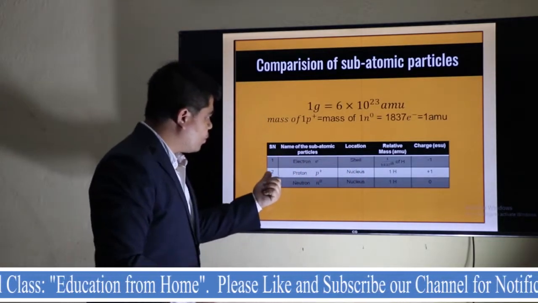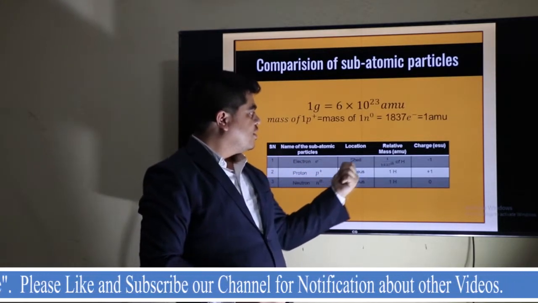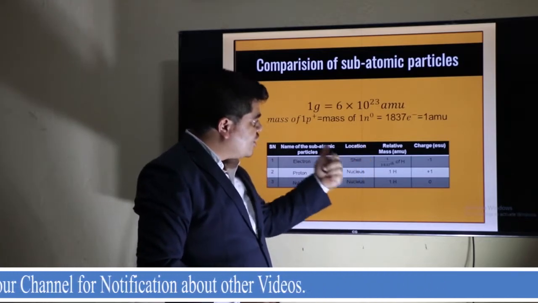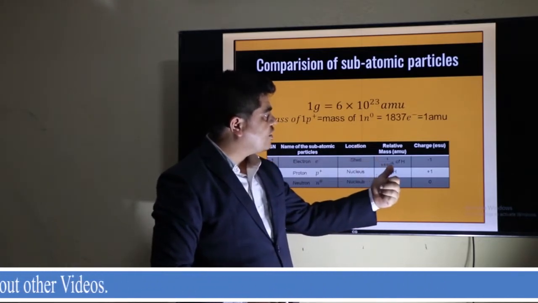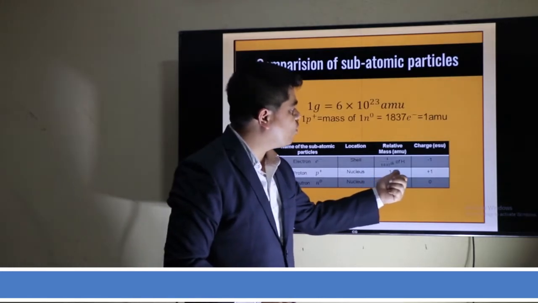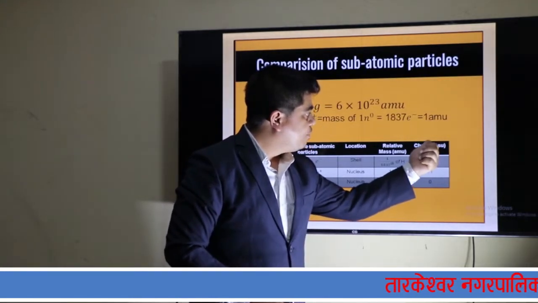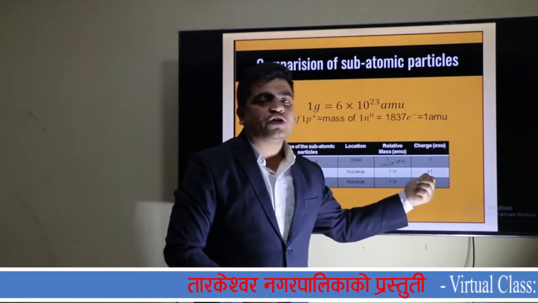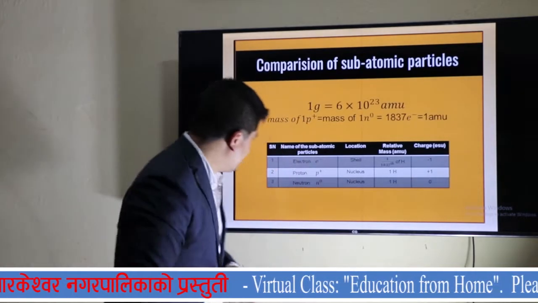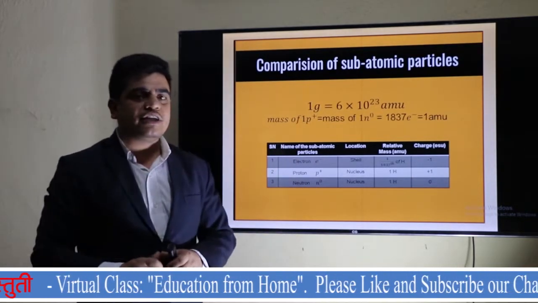Talking about the proton, it is positively charged and located inside the nucleus, and its relative mass or atomic mass unit is 1, and its electrostatic unit is +1. Talking about the neutron, it is chargeless.